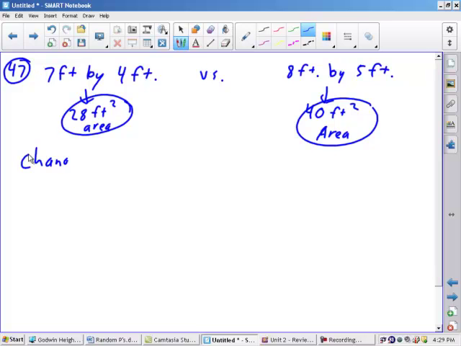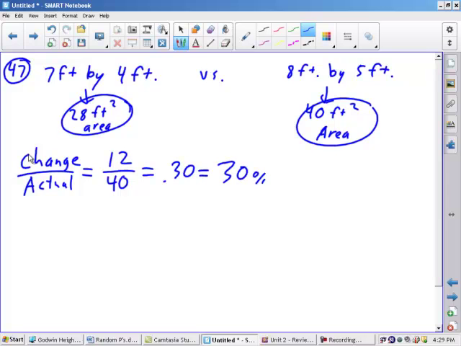So change over actual is what you need to find, and my actual is the 8 by 5, which ended up being the 40 square feet. So then I divide 12 divided by 40, that gives me 0.30, or 30%. So my percent error was actually 30%.